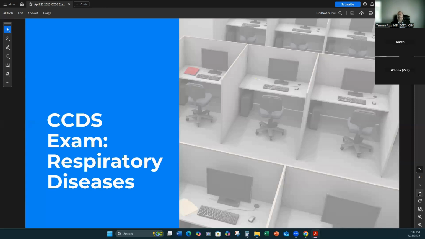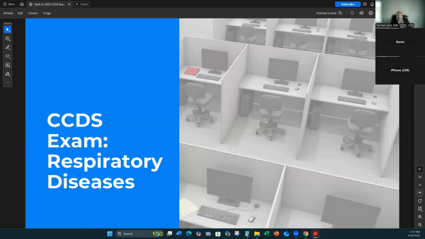So it brings us to the question now about exam day. I've given you a little bit of a dive into some of the nuances and details of a few respiratory diseases there. But of course, that's not the extent of the respiratory diseases that you'll meet on the CCDS exam when you finally sit in a testing center like this one and take the exam, or if you take it through your own machine, which you certainly can do as well.